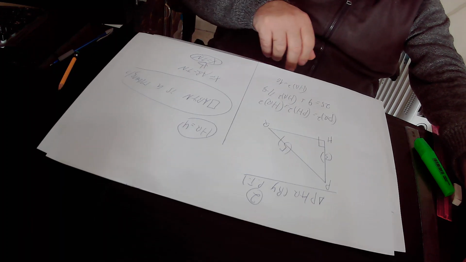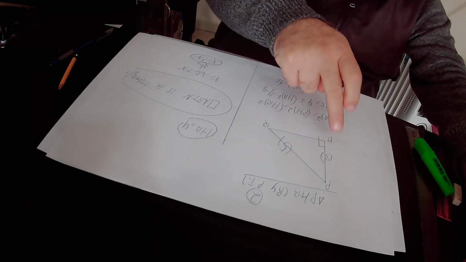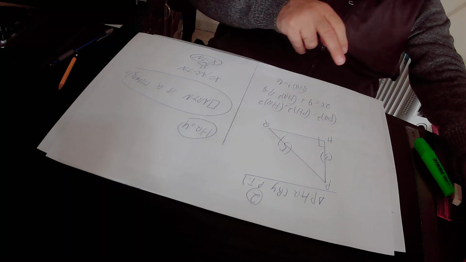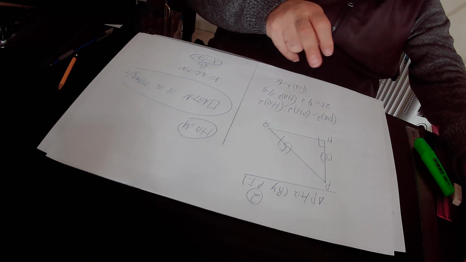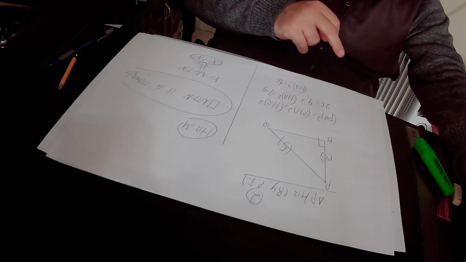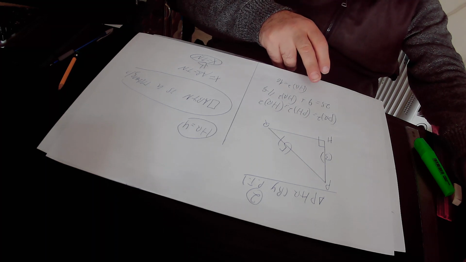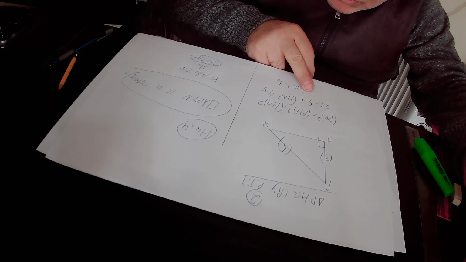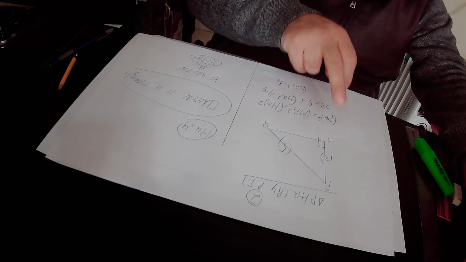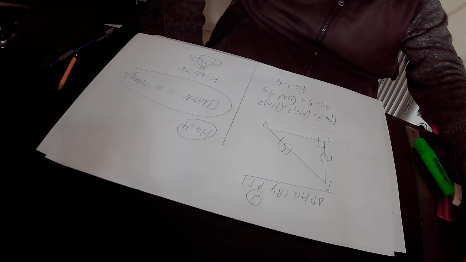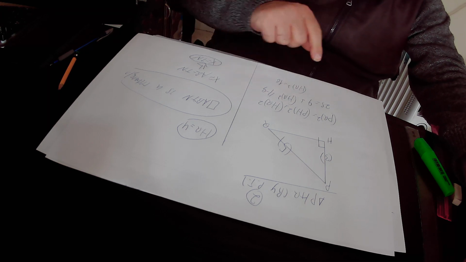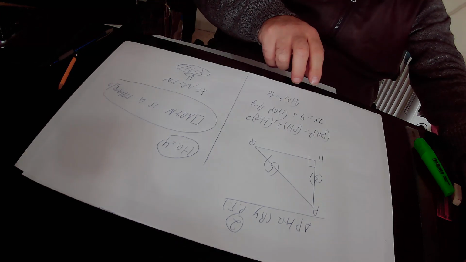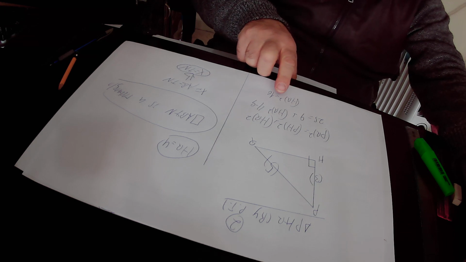According to the Pythagoras theorem, PQ square equals PH square plus HQ square. PQ is 5, therefore PQ square is 5 squared, that is 25, and it equals PH square. PH is 3, therefore PH square is 3 squared, that is 9, plus HQ square. So 25 equals 9 plus HQ square.